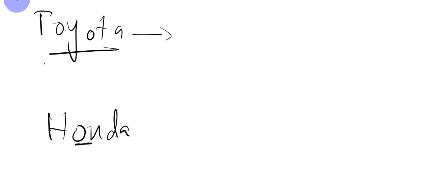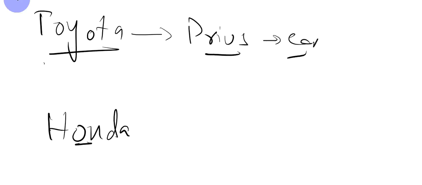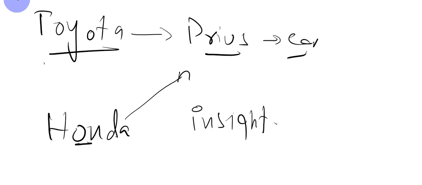Toyota has a product called Prius. They have a car, and Honda has observed that Toyota has a car like Prius. The same technology and same model has also been launched by Honda with the name of Insight. Let me show you some pictures of these both cars.